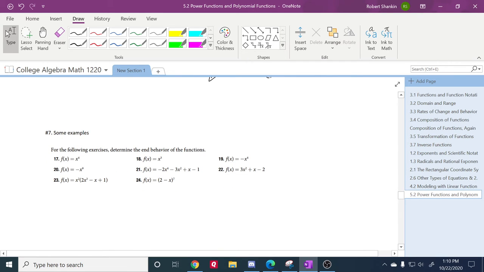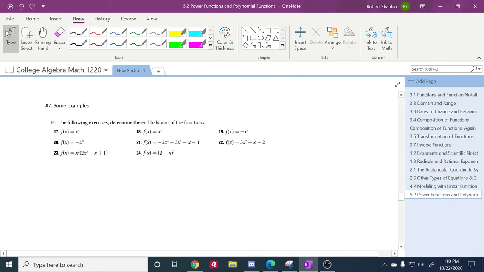Determine the end behavior. These are from the textbook, and let me pick this one right here. Number 21, state the end behavior. On the far left, put either up or down, and on the far right, put either up or down.